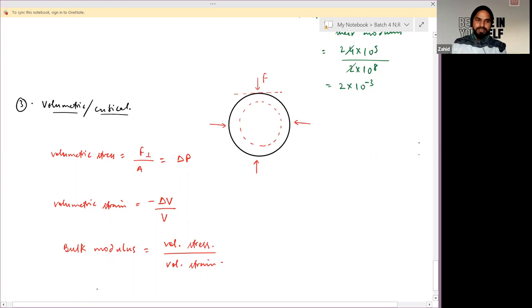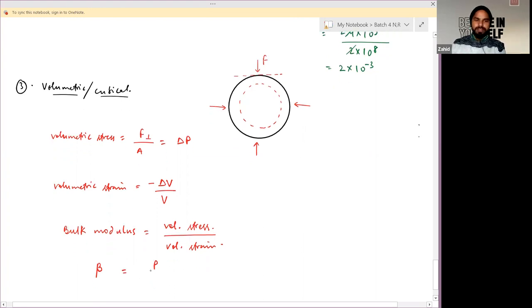So bulk modulus is denoted by beta equals to volumetric stress, that is pressure or change in pressure, divided by volumetric strain, that is delta V divided by V with negative sign. So you may write it as minus of pressure into volume divided by delta V. Is it clear?